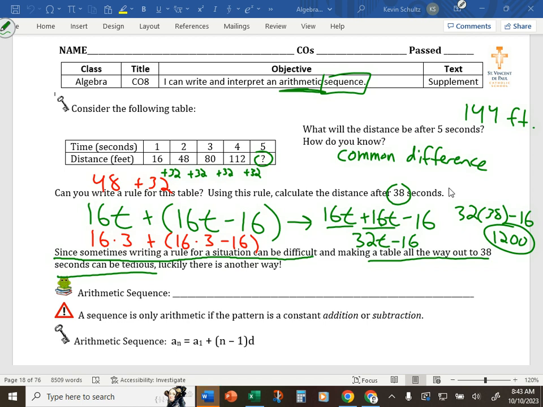Luckily, there's another way. It's what's called the arithmetic sequence. It is a formula that, when you have a common difference, a pattern with addition or subtraction, allows you to predict a future result without having to try and come up with a rule. Are you interested in that? Yeah. Me too. Let's go.